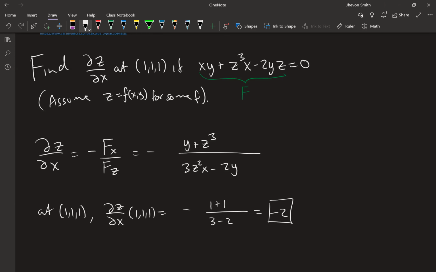Now you could do it the long way. There's no virtue in doing it though. Especially if it's a multiple choice problem, like this is going to be very useful. So F is a level curve. So you bring everything to one side.